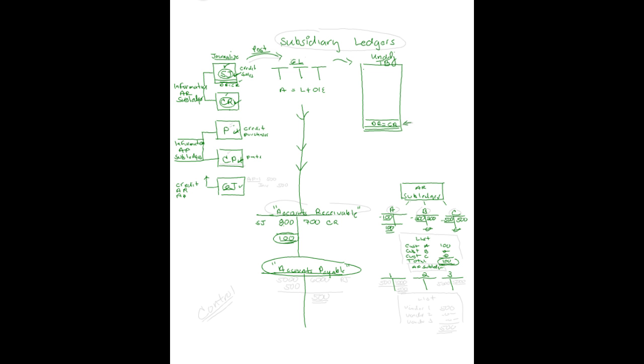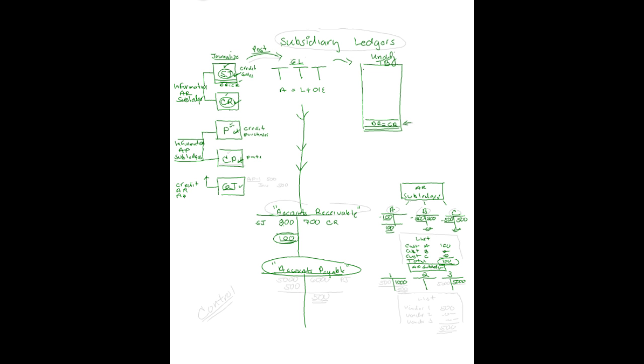Getting kind of tiny there, sorry. So let's say you had 2 credit purchases during the month. Somewhere in the month you purchased $1,000 on credit from vendor number 1, and you would record that in your purchases journal, and you purchased $5,000 on credit from vendor number 3, and you would record that in your purchases journal.